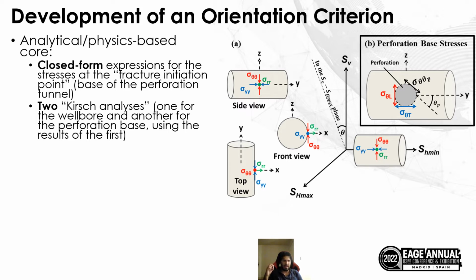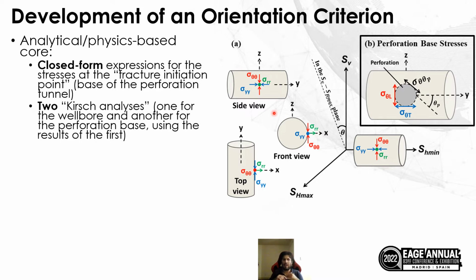That would be the tangential stress sigma theta theta, shown by the red arrow here, the axial stress sigma yy, shown by the blue arrow here, and the green radial stress out of the plane of the screen, as you see, sigma rr. Then you can use those two values, sigma theta theta and sigma yy, to do a second Kirsch analysis for the base of the perforation, the intersection point between those two cylinders. That is the presumed location of fracture initiation.